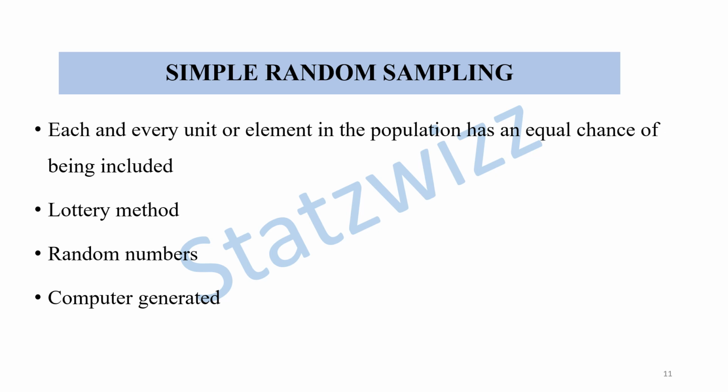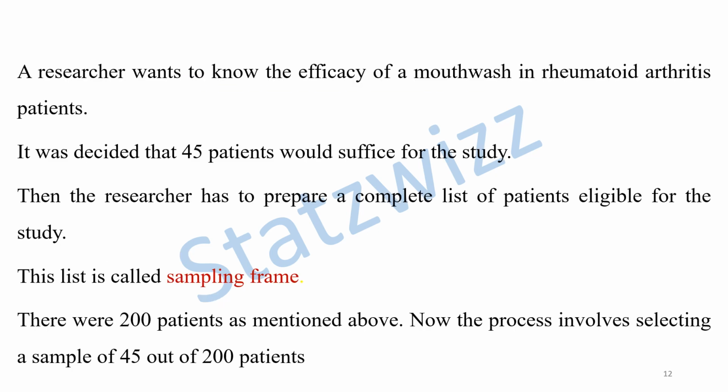Write on chits the names of all 50 people in a classroom, put them in a bowl, and then ask a person to select 10 randomly. Those 10 people will be included in the study. This is one method by which we can conduct simple random sampling, using the lottery method. The other methods include the table of random numbers and computer generated simple random numbers.